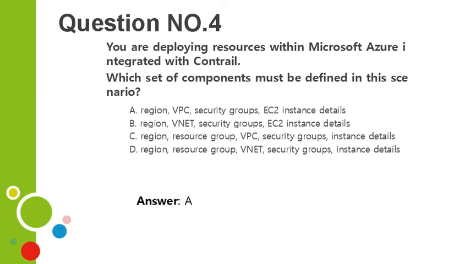B. Region, VNET, Security Groups, EC2 Instance Details. C. Region, Resource Group, VPC, Security Groups, Instance Details. D. Region, Resource Group, VNET, Security Groups, Instance Details. Answer: A.